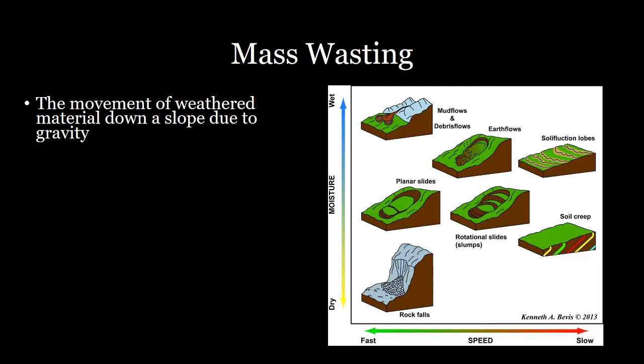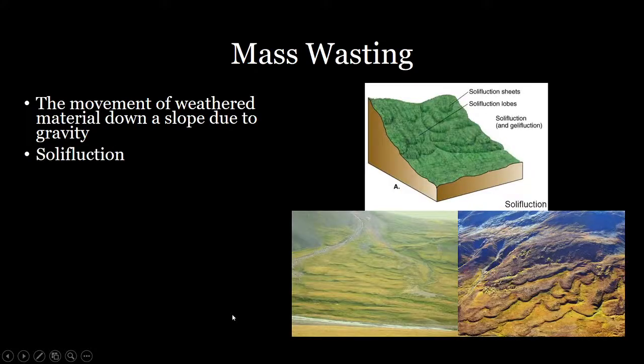It can happen in a number of different ways based off of how much moisture is in the soil. We tend to classify these different events based off of how much moisture there is, as well as how fast the process is. And we'll go over these different processes from slow to fast.